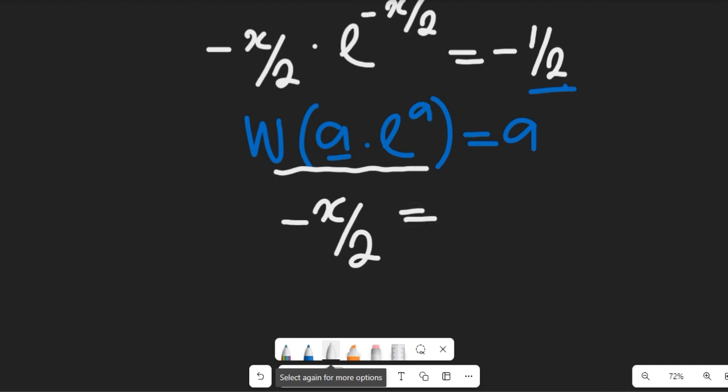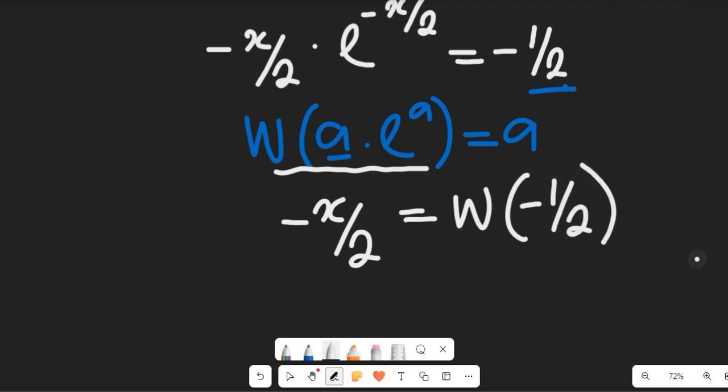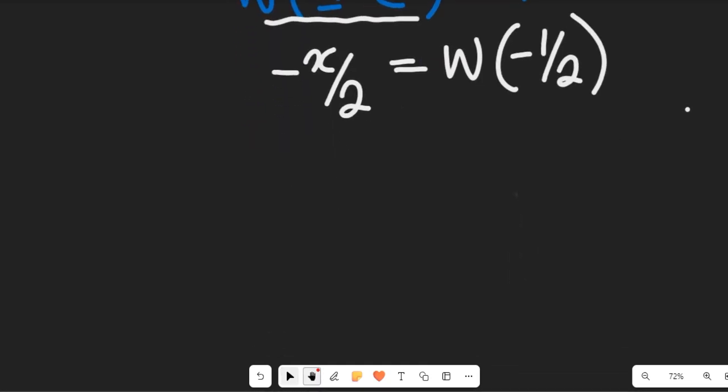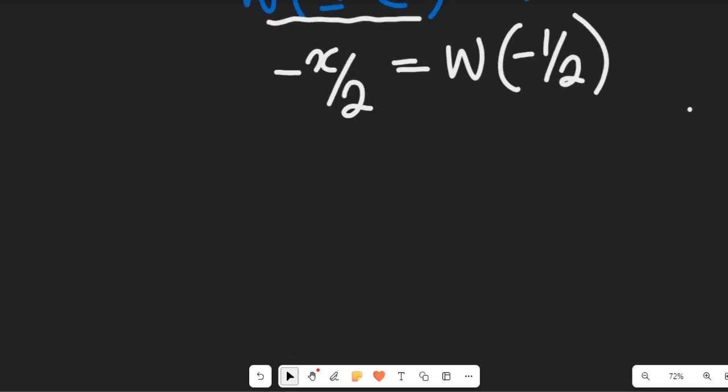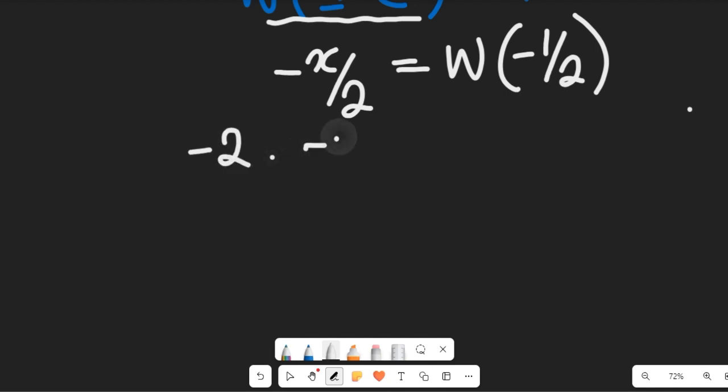While on the right hand side will give me the Lambert W of negative half, right? Great. So if I reduce that expression very well by multiplying both sides by negative 2 so as to clear the fraction or the denominator, I'm going to have negative 2 multiplying negative x divided by 2, right?